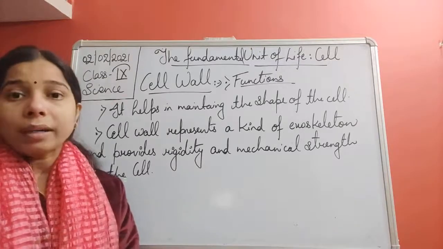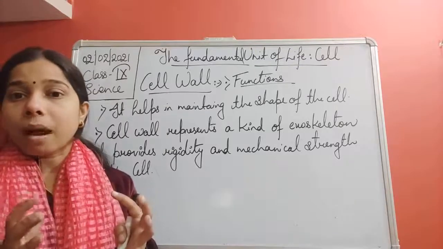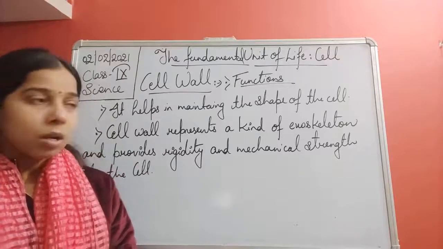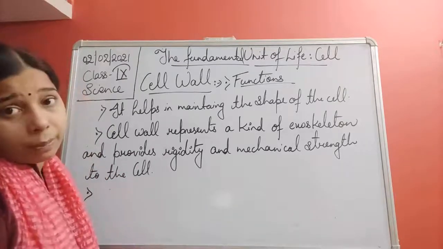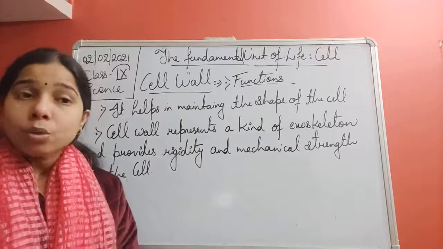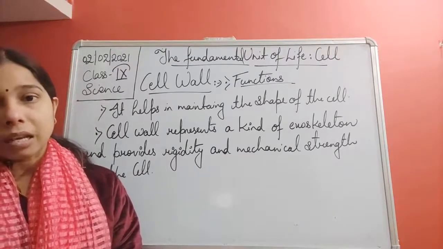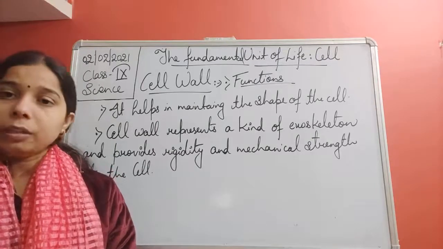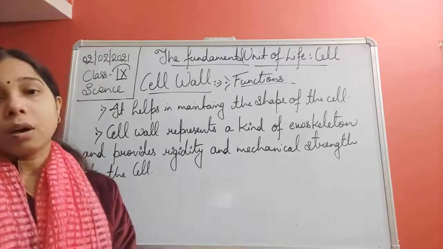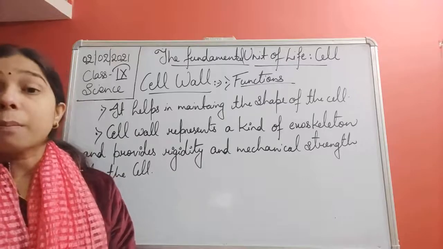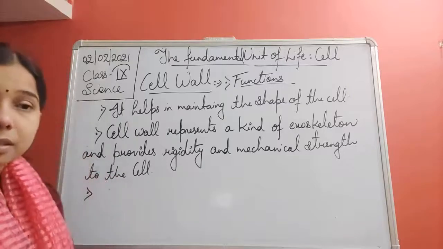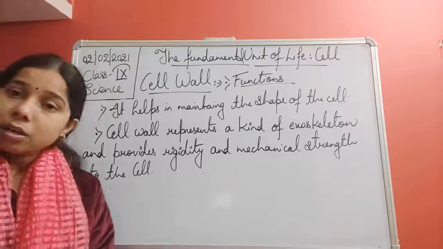Ultimately the cell swells up and finally it bursts. But if the cell wall is there, it helps not to burst the cell. It provides turgidity and prevents the bursting of the cell when it is kept in a hypotonic solution.